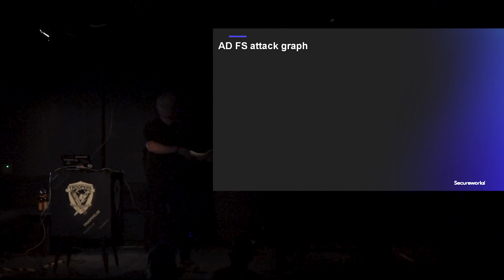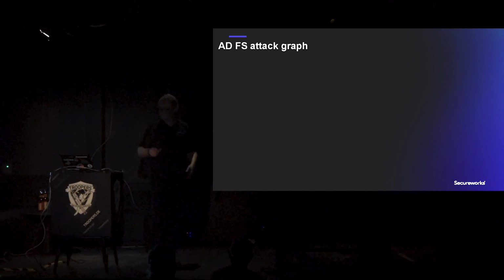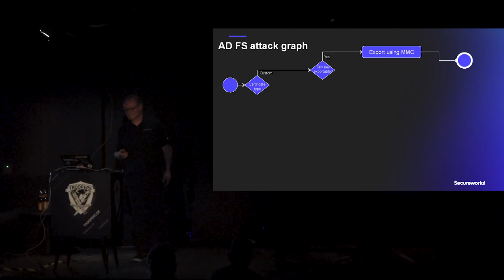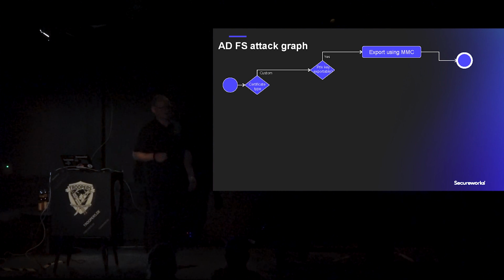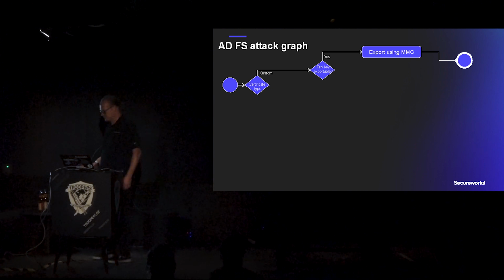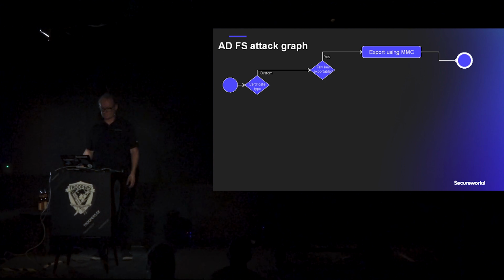So now we are getting into the fancy stuff, why you are here, okay? So the first decision point is which kind of certificate you are using. So are you using the custom one? And we start with the custom. And the first question here is, is the private key exportable? And if it is, you can export that using MMC.